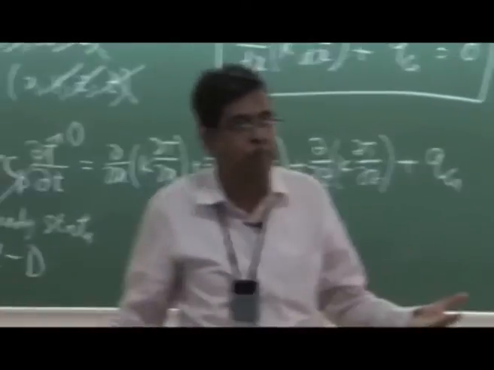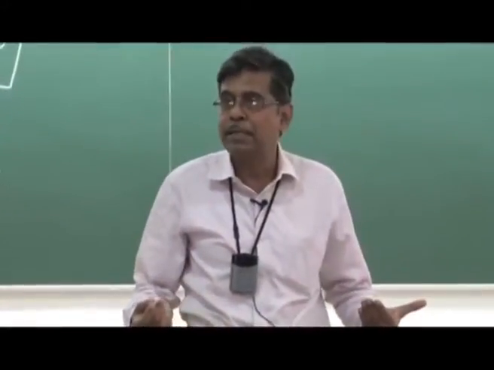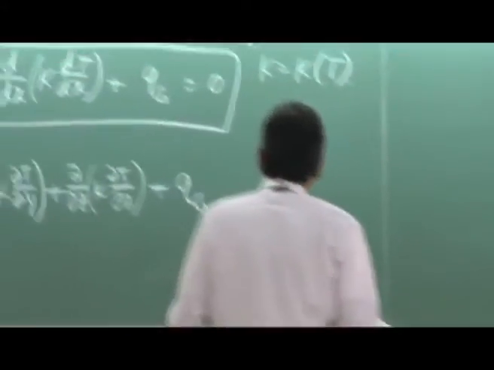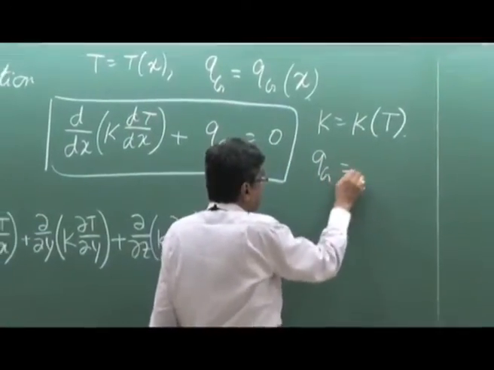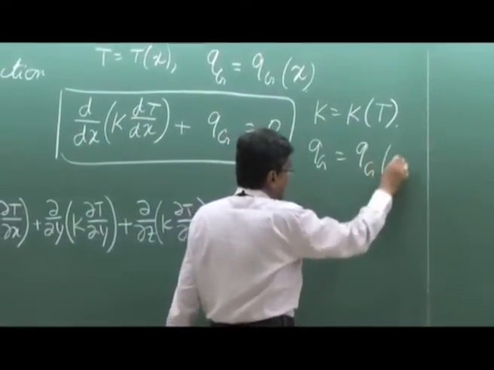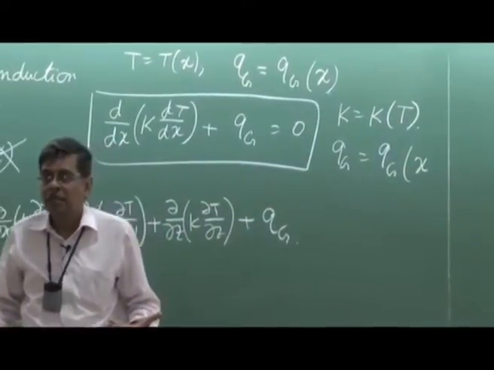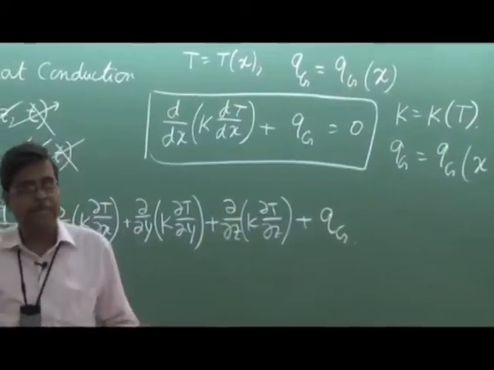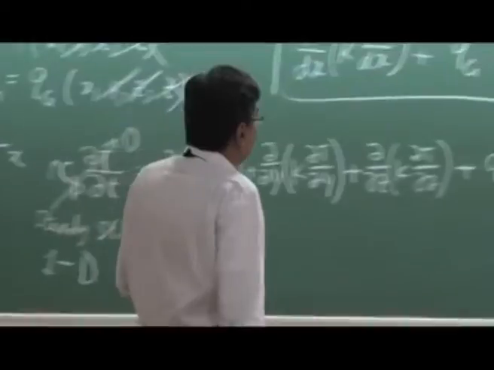In an isotropic medium, k is dependent only on temperature. So, k may be temperature dependent, and Qg in one dimensional steady state will be a function of x, and this also may be a function of temperature, and temperature also indirectly a function of x.